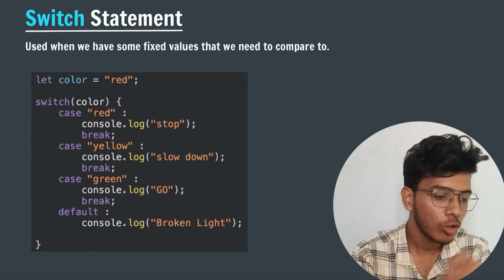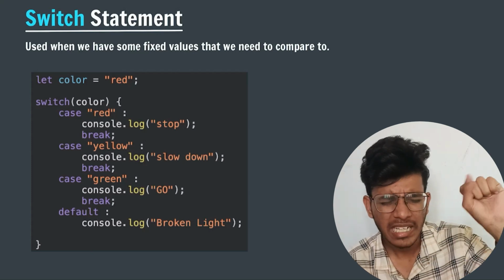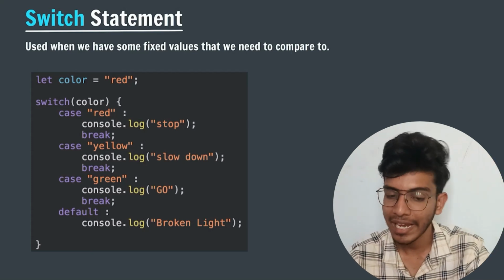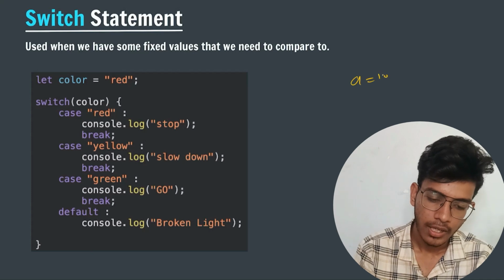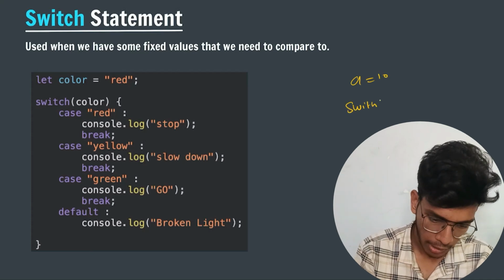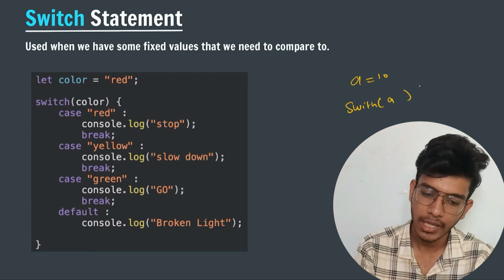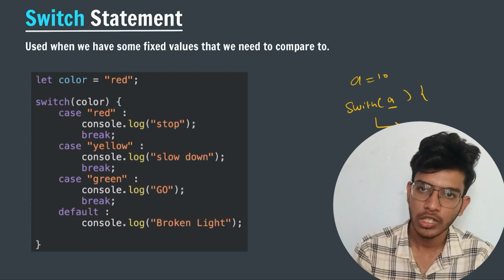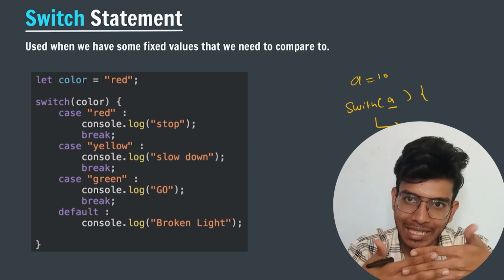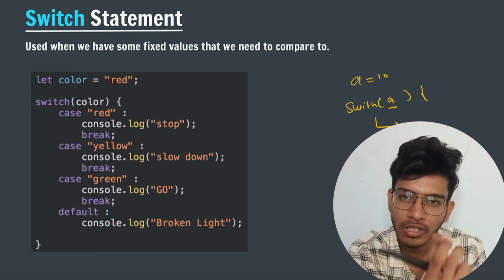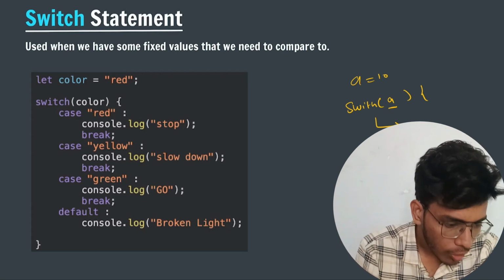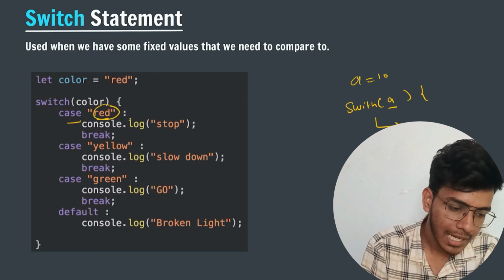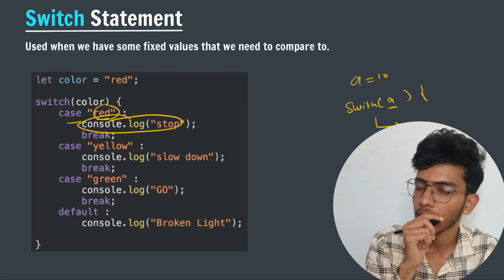How switch works is, for a particular value, let's say a equals 10, I write switch, and in the parentheses I write a, and I check which case matches. If the value matches, then whatever I have written inside that case, I will print it. For example, here you can see I am giving case red. If this condition is true, then I will print whatever is within this block.